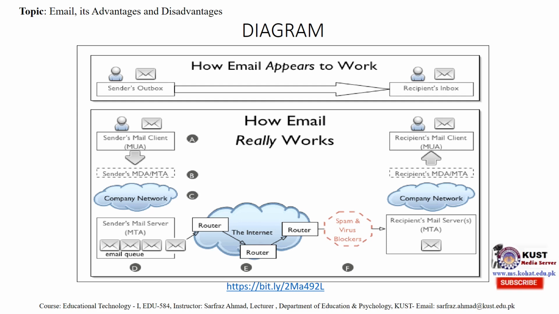So when they receive emails, they have routers and internet connections, and the mail goes from one router to a second to a third, because they have different routers across the world.